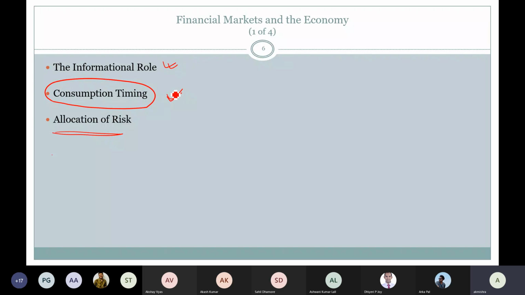People are saving. Why? Because your market is reflecting the true value, the market is efficient, and that's why people are encouraged enough to save. And because of their saving behavior, allocation of resources is taking place, and it is minimizing the risk of individuals or parties involved.